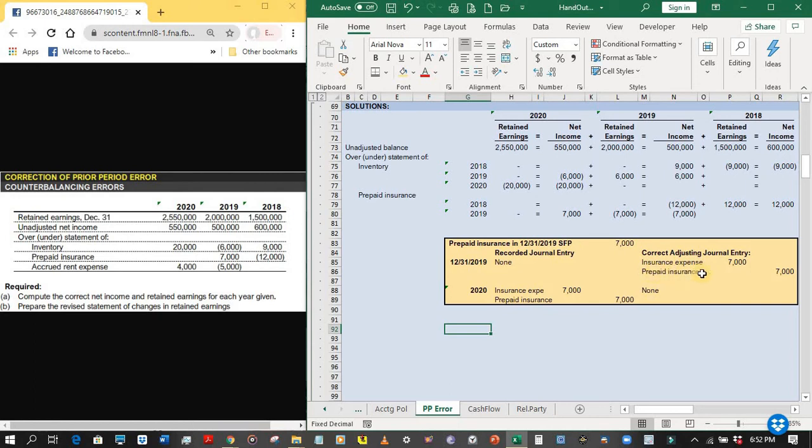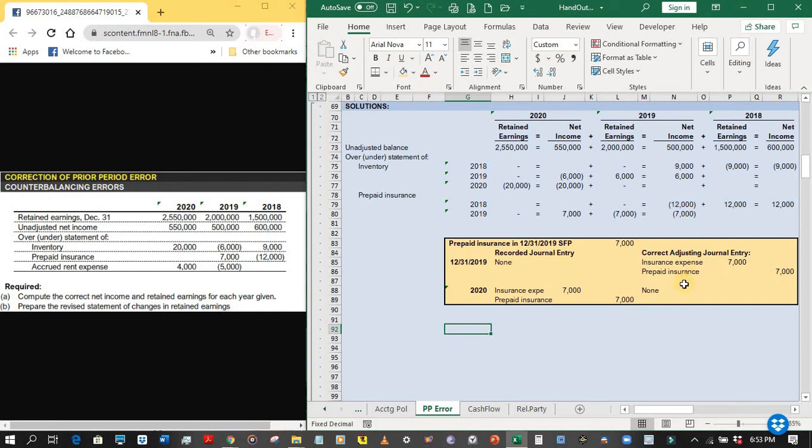So it means that the prepaid insurance of 7,000 should have been recorded as an expense in 2019. But since the entity failed to record the expense, that is why the net income in 2019 is overstated. And in order to correct the overstatement, we need to deduct 7,000 pesos.